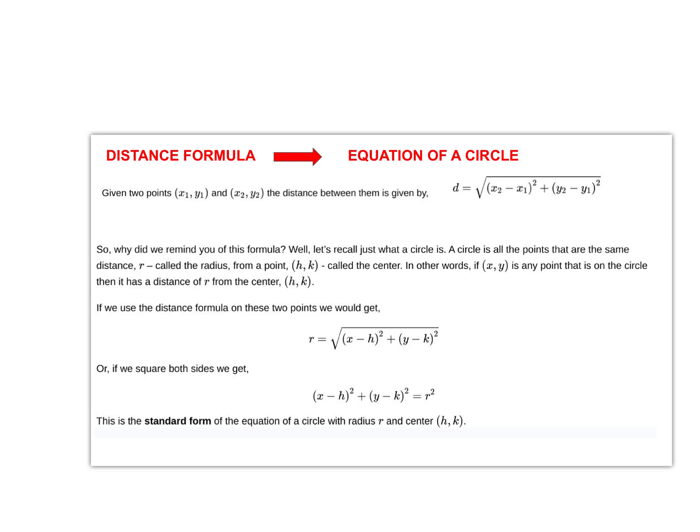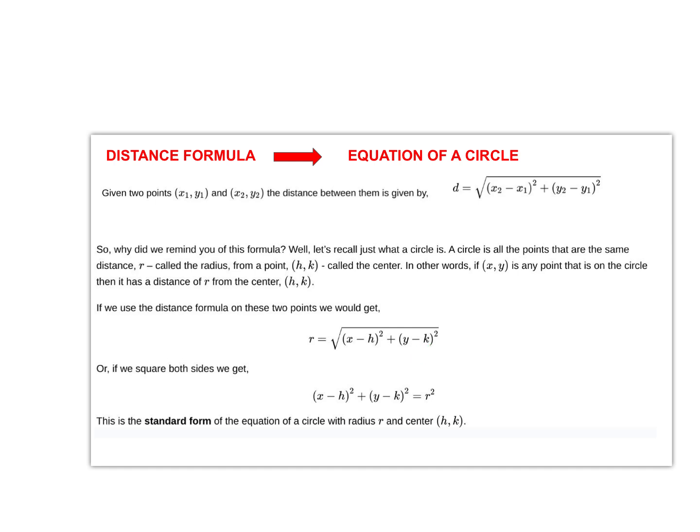In other words, (x, y) is any point on the circle that is a distance of the radius from the center. So we look at this as radius instead of distance, and substitute in, instead of x1 and y1, the center of the circle: the x coordinate of the center and the y coordinate of the center.